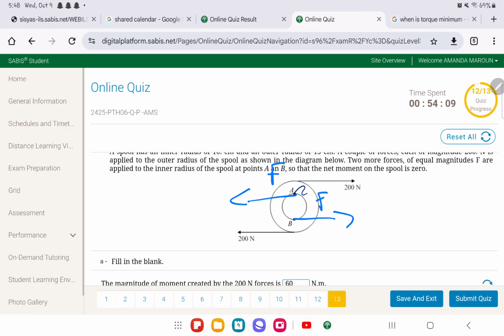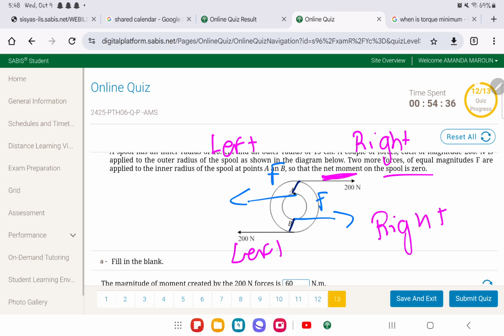Forces that are closer to each other have to be in the opposite direction. So, for example, this is going towards the left and this is going towards the right. Why are they in opposing directions? Because the net moment of the spool is 0. This is going to the right. This is going to the left. Why? Because the net moment on the spool is 0. We will find this value later, and I will explain this question in a more logical way now that we have the values.